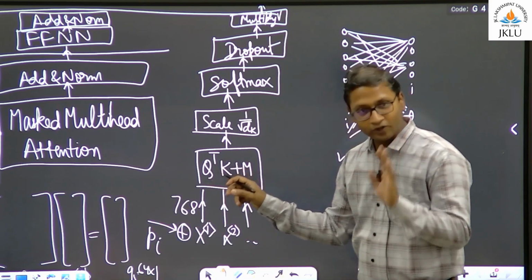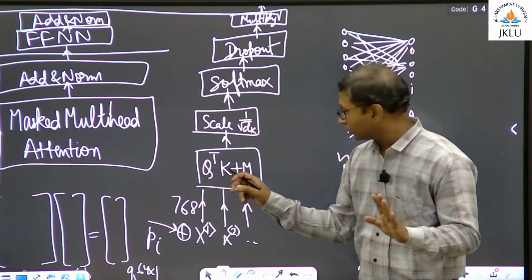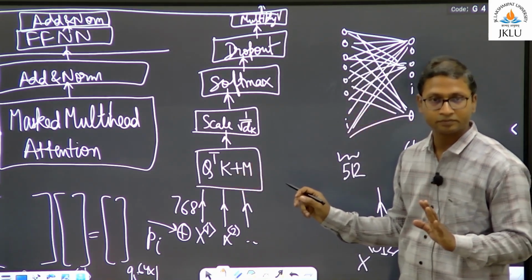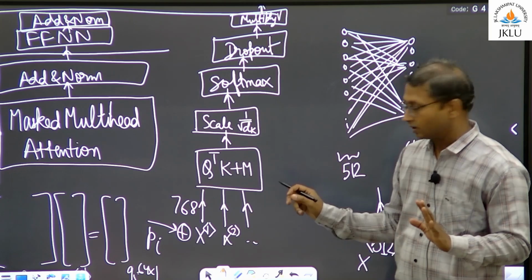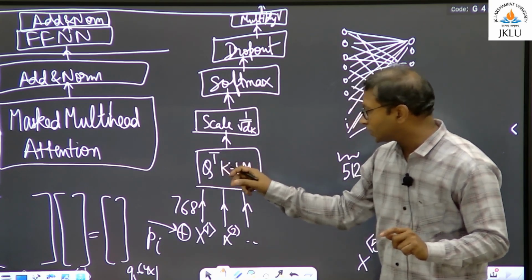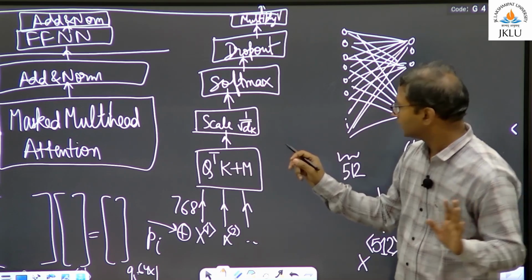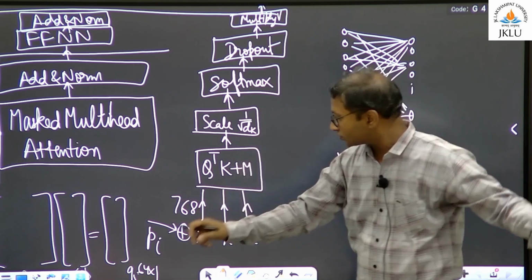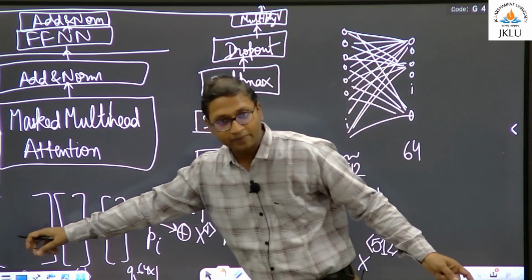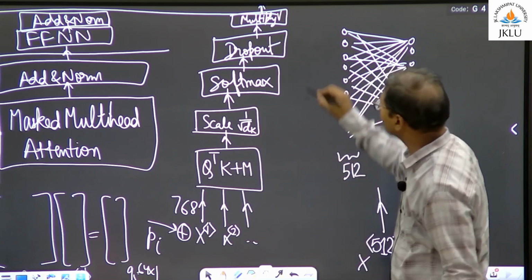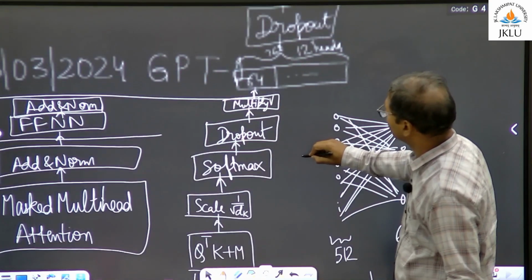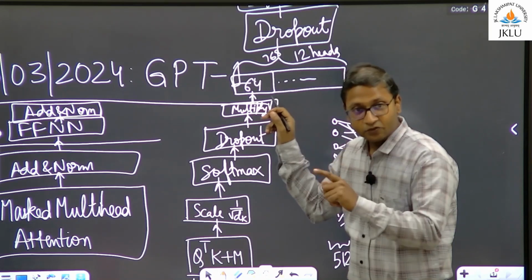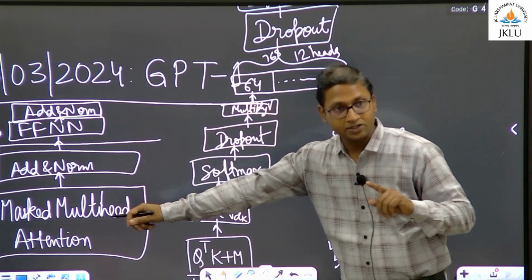This was coming from one head, and you will have another head. Another head will have its own Q, K transpose, scale, softmax, dropout, and multiply with the V's from that particular head's parameter matrix.